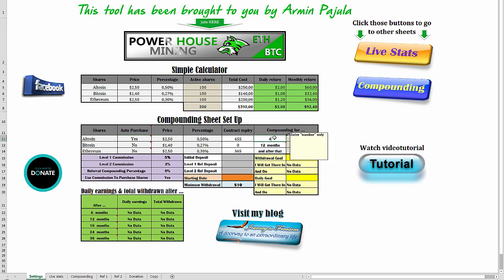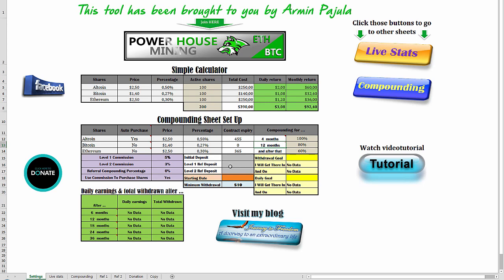So let's say you want to compound for the first 4 months 100%, then after that it's 80%, and after that it's 60%. So for the first 4 months with those settings you compound 100%. From the 5th month up to 12 months you compound 80%, and after 1 year you compound 60%. And those will change the outcome of what you will see here, but I will get into it a little bit later.